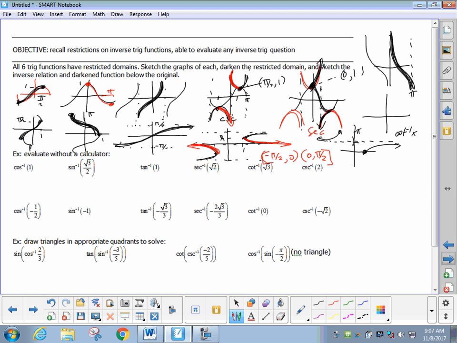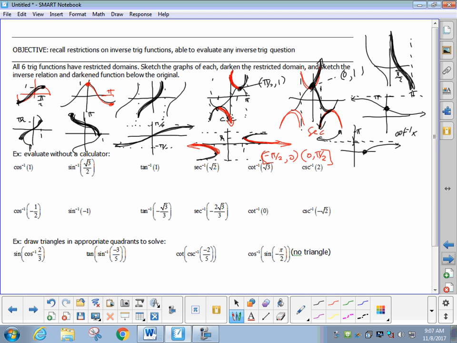Instead of a vertical asymptote at pi, you'll have a horizontal asymptote at pi. Instead of crossing at pi over 2, 0, it'll be at 0, pi over 2, and then the bend. Does it go up to the right or down to the right? It does go down to the right because it approaches the positive y-axis, so it should invert and approach the positive x-axis.